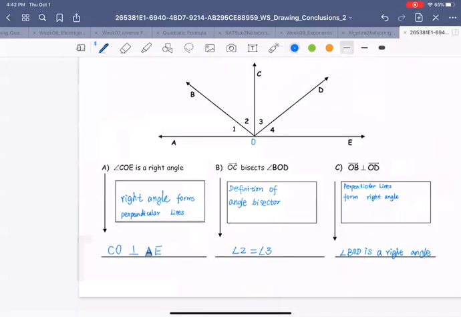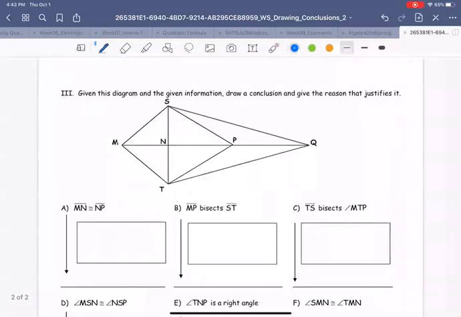All right, so far so good? Given this diagram and the given information, draw a conclusion and give the reason that justifies it. MN is similar to NP, or what? So MN is equal.